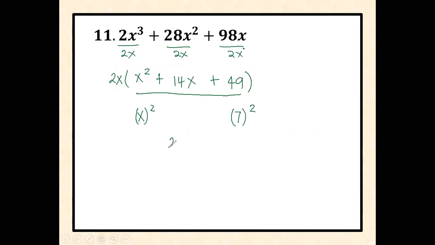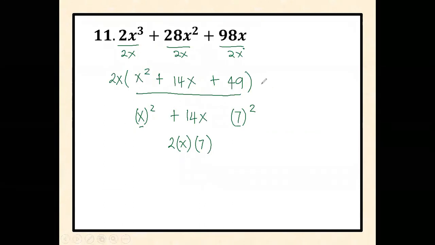And the middle term would be 2 times the squared term, which is x, times the squared term, which is 7. This is plus 14x. Therefore, the factors of this trinomial is x plus 7 squared.